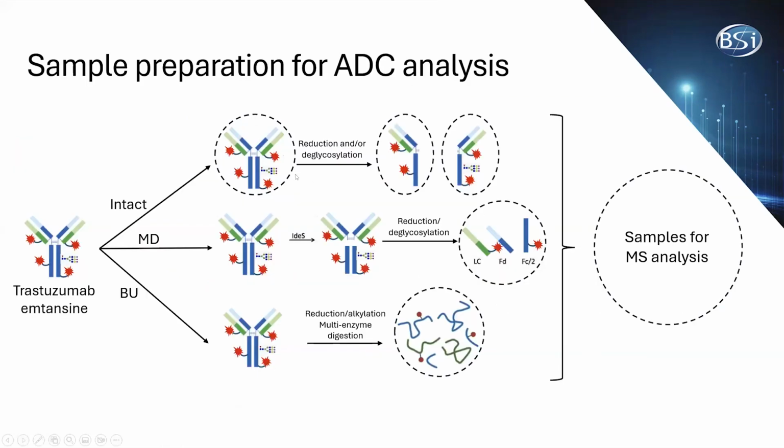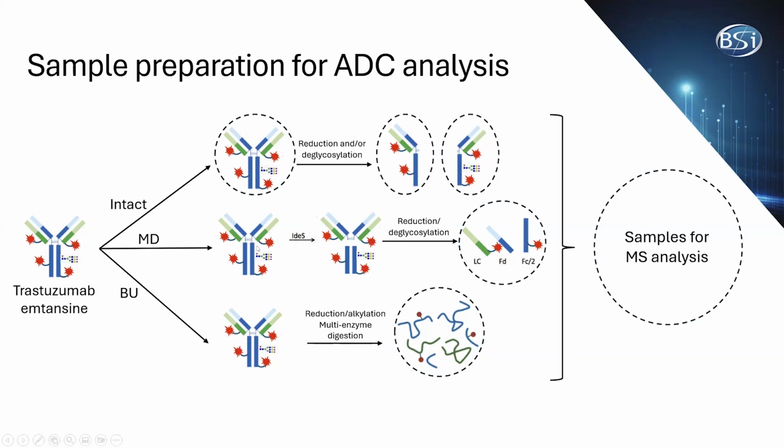So here's our sample preparation workflow. We take the trastuzumab ADC. The intact preparation is fairly straightforward. We either do no treatment at all, just a desalting step, or we'll also do reduction and deglycosylation to try and simplify the deconvolution of intact mass.